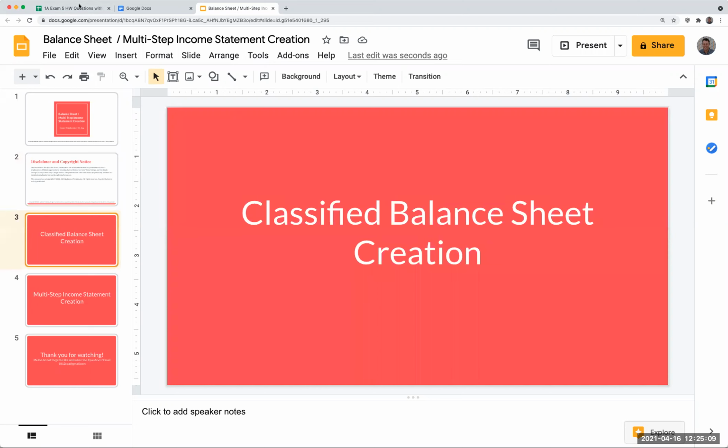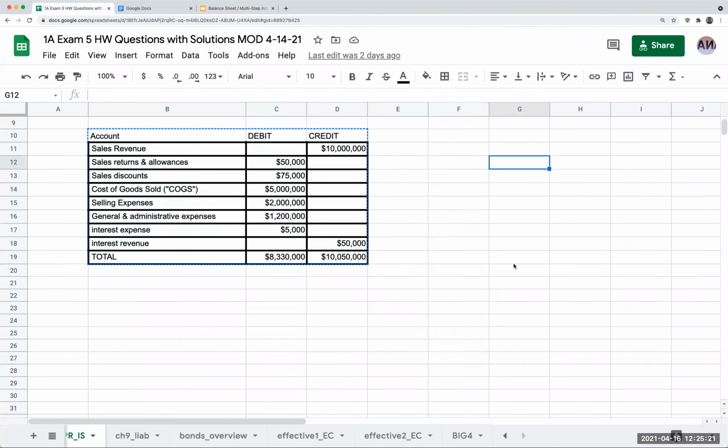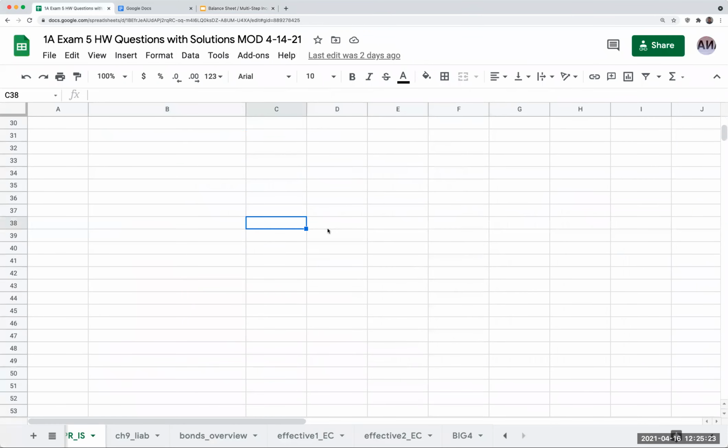So what I've found is that as I'm going through and teaching financial accounting, the way I would typically have things taught is I would start out with recording and summarizing financial statements.